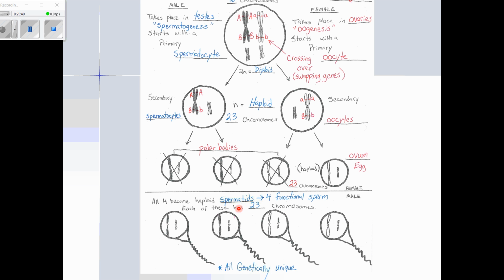They're called spermatids. And then eventually, when the flagellum develops and it's actually ready to swim and find an egg, then we call them sperm cells at that point. But typically, all 4 cells survive and become sperm, but each one of these sperm has half as many chromosomes as the original cell, and they are all genetically unique. So each one of these sperm cells has a slightly different combination of genes.